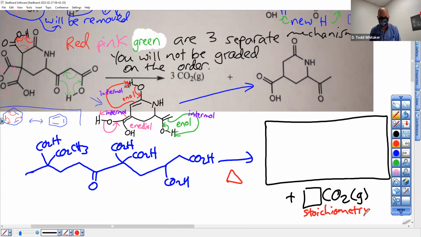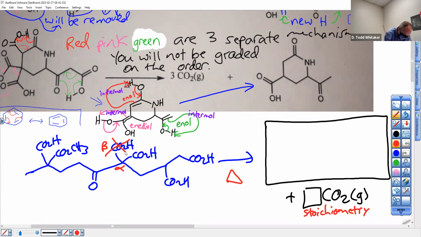What kind of carboxylic acids are candidates for beta decarboxylation? Beta to what? They have to be beta to a carbonyl. If they're not, they're not a candidate. So definitely, there's a carbonyl. This is alpha to the carbonyl. That's beta.